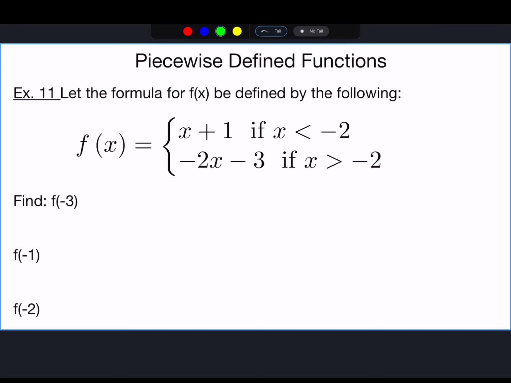What does x plus 1 look like? What does the graph of x plus 1 look like? What kind of function is it?